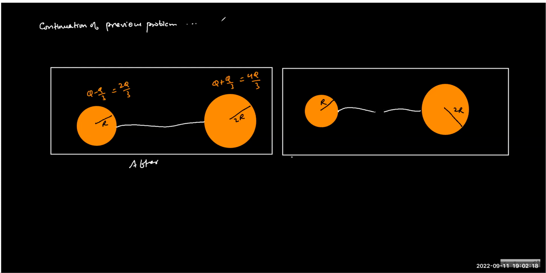When this was open, the charge was Q and Q. So can you find the total energy of the system, assuming only self energy because they are not interacting? So what is the U initial? We know the self energy of each sphere. What is the formula? The formula is KQ square by 2R. Self. For a hollow shell, right? Because the charge is only on the surface. Yes. So it is not a solid, it's a hollow shell.